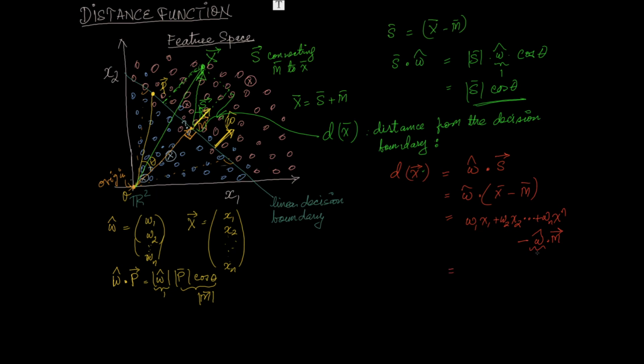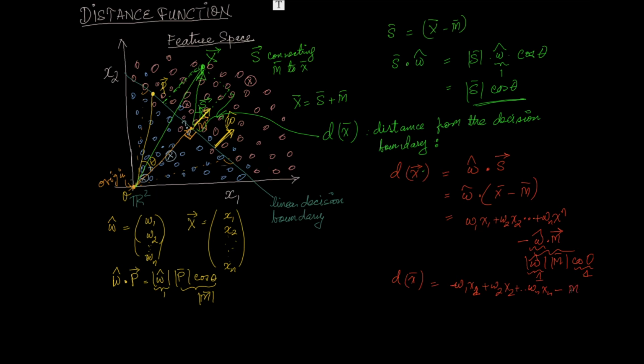And so this quantity is the size of W hat, times the size of M, times the cosine of the angle between W hat and M, which is 0. That cosine is equal to 1, and the size of W hat is equal to 1, and so we can write that the distance function becomes W1 x1 plus W2 x2 plus all the way to Wn xn minus M.